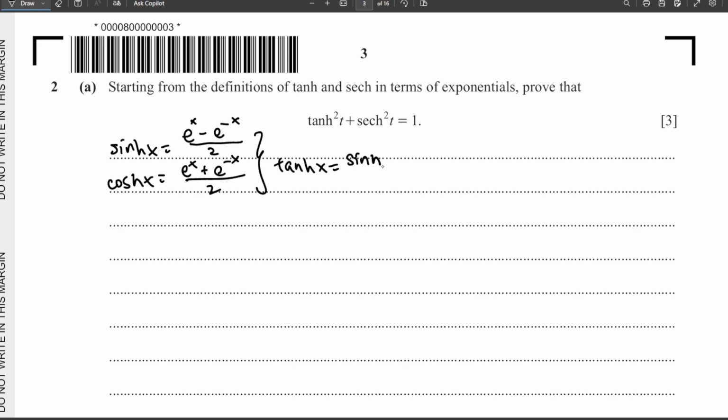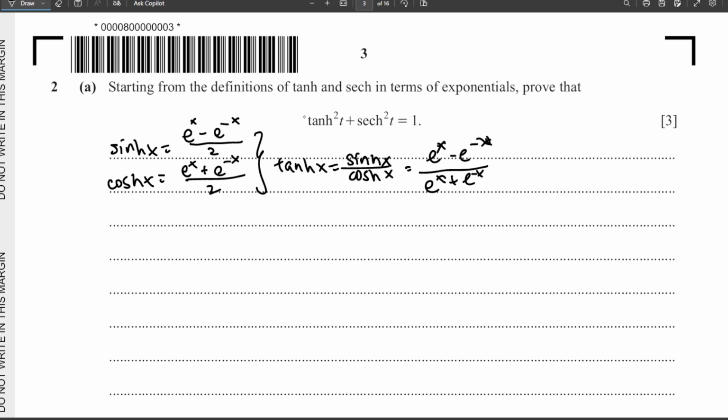So with these two, we know that the hyperbolic tangent is the sine over cosine of the hyperbolic functions, which will give us e to the x minus e to the negative x divided by e to the x plus e to the negative x. Okay, so we also know that the hyperbolic secant is also 1 over the hyperbolic cosine.